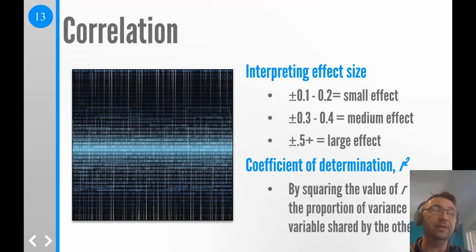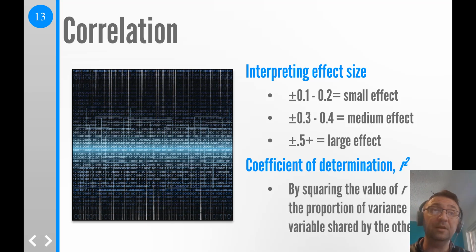If we had two variables with an R squared of 25%, we could say that approximately 25% of the changes in, say, your dependent variable are potentially explainable. You can't say they're actually explained, but they're potentially explainable by your independent variable.